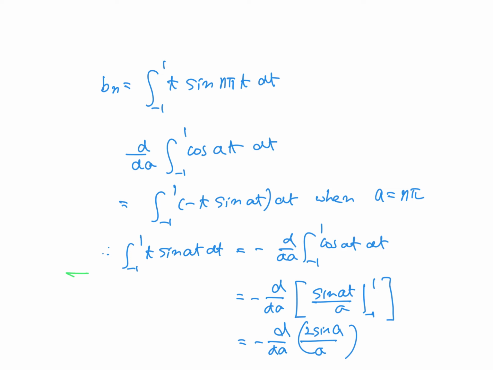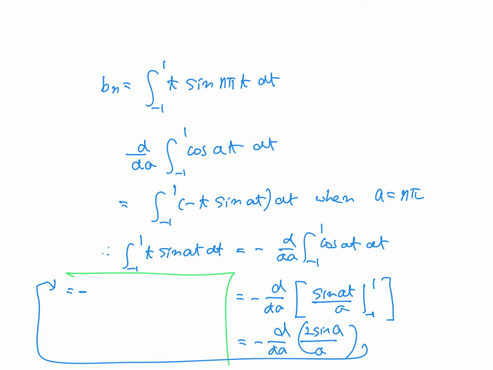I can do a little bit more here. Then this is minus, d/dA of 2 sine A over A, which is minus 2 cosine A over A plus 2 sine A over A squared. So if we set A to n pi, what do you get?